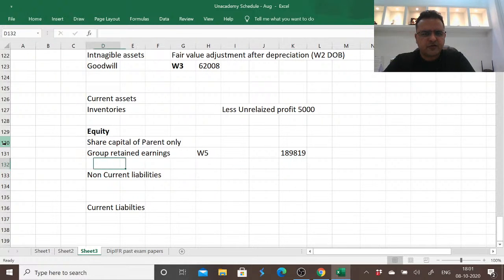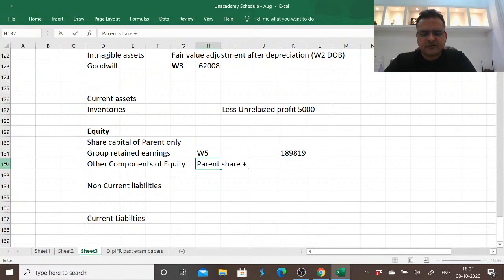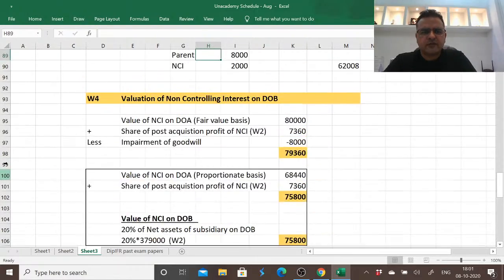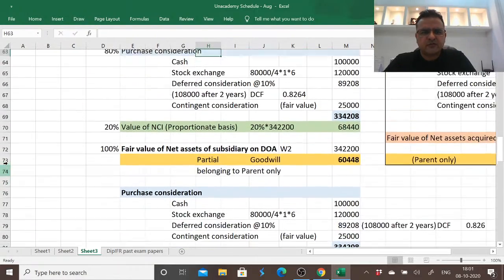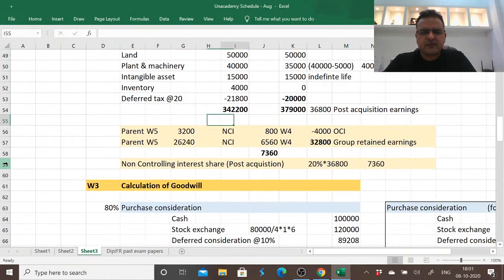Apart from this, we need to include other components of equity, whatever is parent share plus share from subsidiary which was post acquisition earning, which was 3,200.